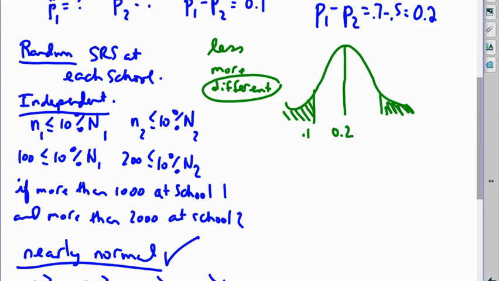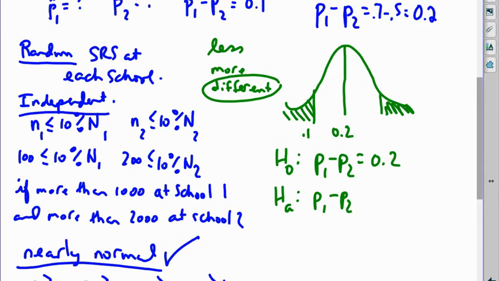So, okay, let's plug these things in. We need to write our hypotheses. We believe the true value is 0.2. Our alternative is that it's not equal to 0.2.